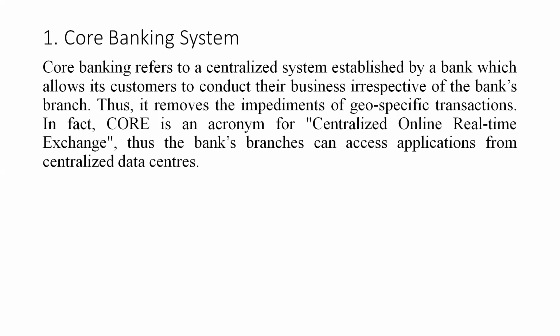Thus, it removes the impediments of geo-specific transactions. In fact, CORE is the acronym for Centralized Online Real-Time Exchange. Thus, the bank's branches can access applications from centralized data centers.